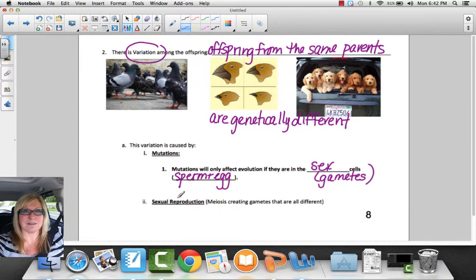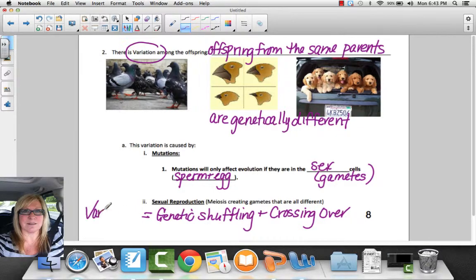And why are they all different? Well, because of genetic shuffling and crossing over. And that was from another unit. So that's why we get variation: genetic shuffling and crossing over equals variation.